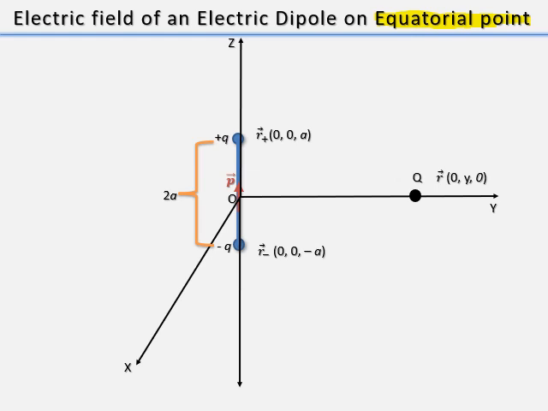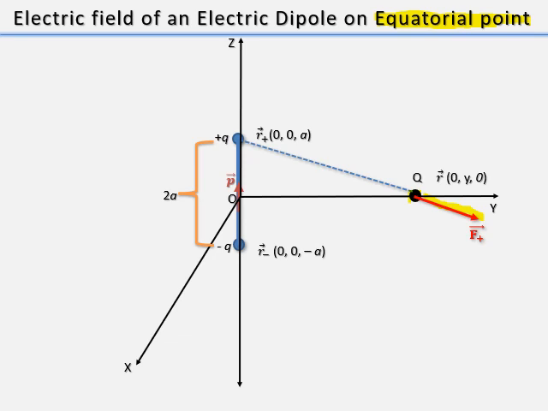Here the plus q of the dipole will repel any test charge placed on this point (0, y, 0), and the force F positive is in the direction shown by this arrow.